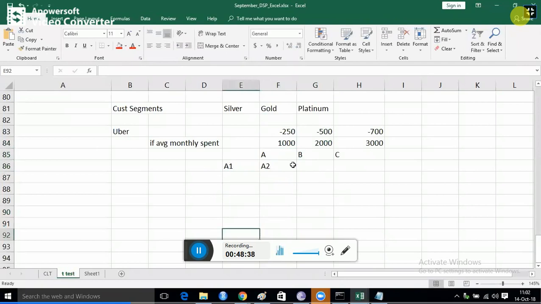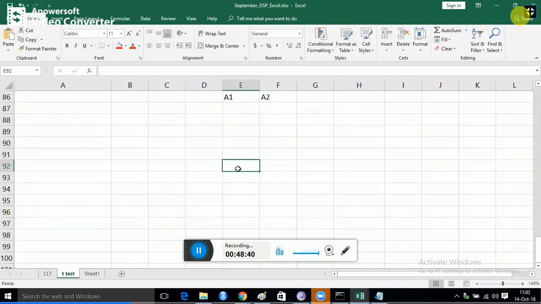Let's take A1 and A2 for example. I'm taking 10 people randomly. Please just look at the values.